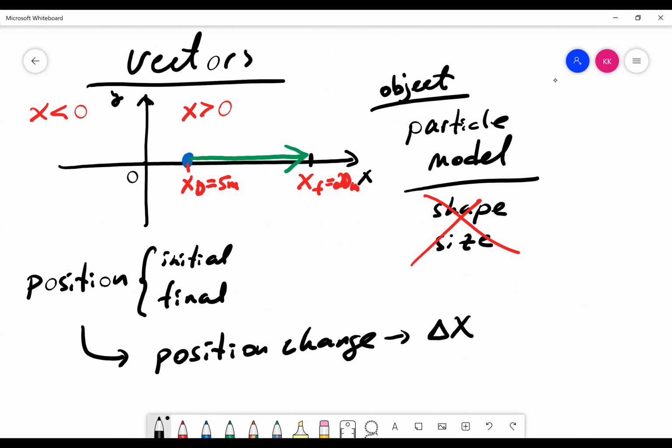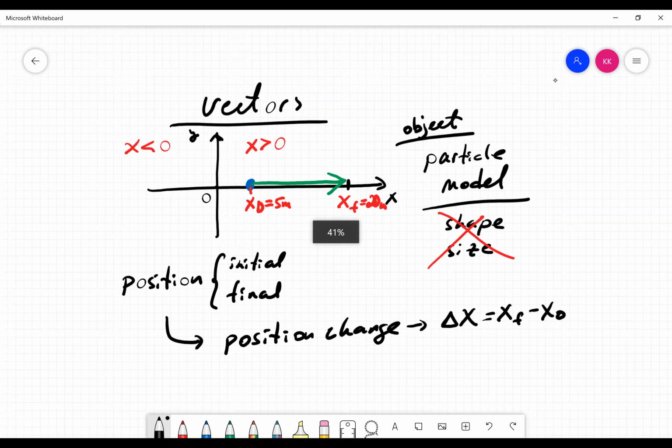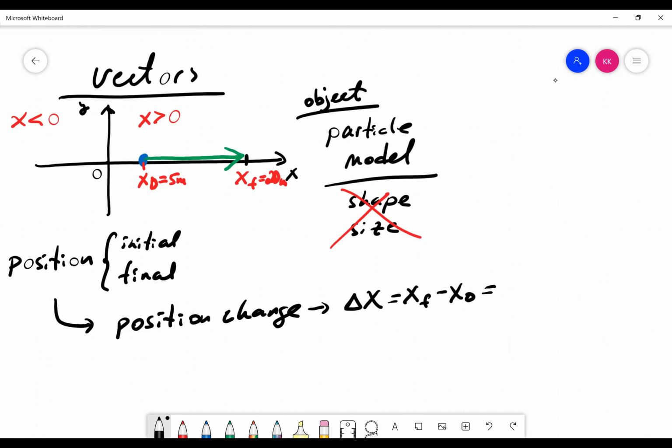So delta x is generally written as final position minus initial position. And you can see, if I do this calculation, this is going to be 20 meters minus 5 meters, so delta x here is equal to 15 meters. So plus 15 meters, right?